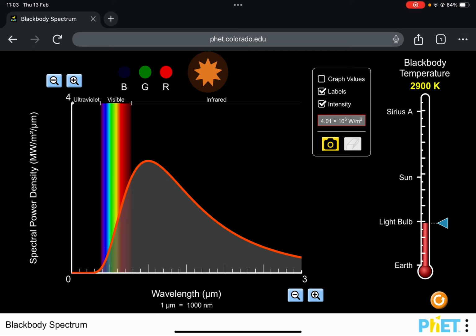You are looking at the output from a traditional filament lamp, a filament light bulb. So this would be a piece of filament reaching a temperature of about 2900 Kelvin. And you'll notice that you've got this continuous distribution of wavelengths, but you can clearly see that the power output is not the same across each wavelength.